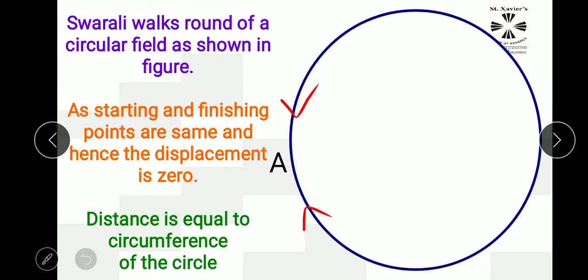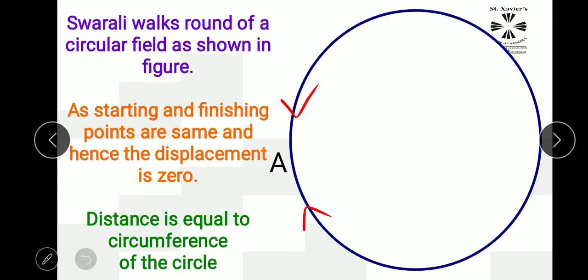From A, she starts and she ends at the finishing point. Here, starting and finishing point is the same. Swarali walks around a circular field as shown in the figure. As starting and finishing point are the same, hence displacement is zero.